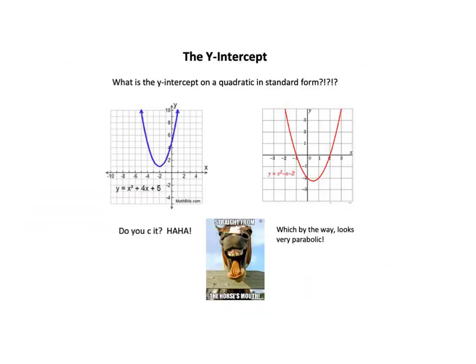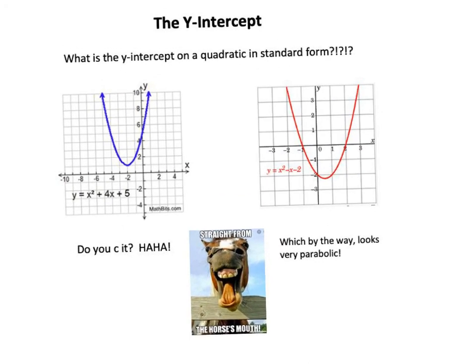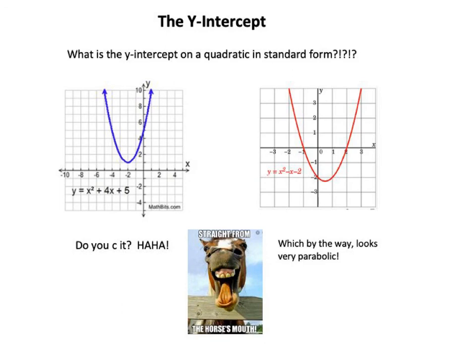All right, last quick part about standard form. How we find a y-intercept. Well, the beautiful thing here is this works a lot like it does with linear equations. So identify the y-intercept right here. Where does it cross? My y-intercept is 0, 5. Look at the equation. Do you notice anything?